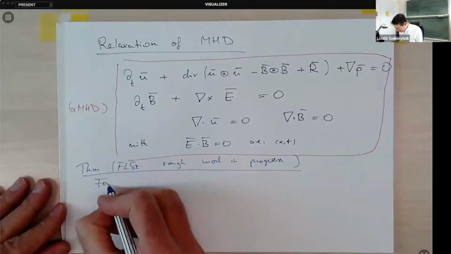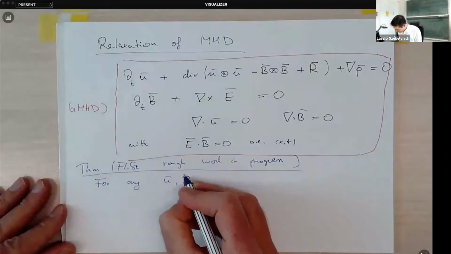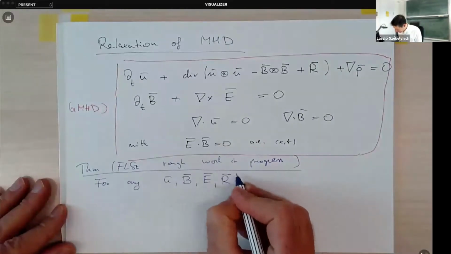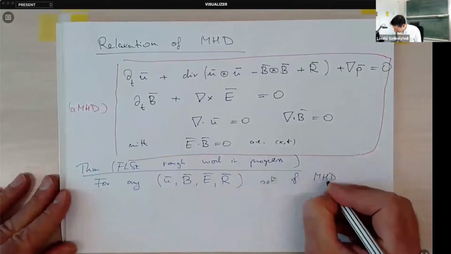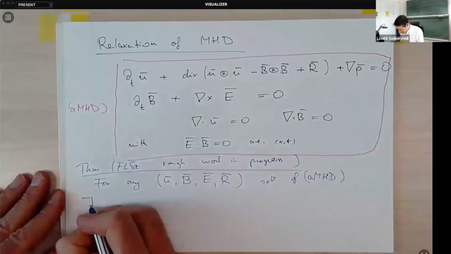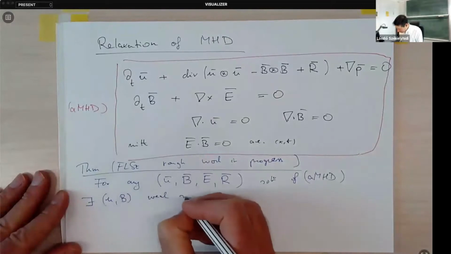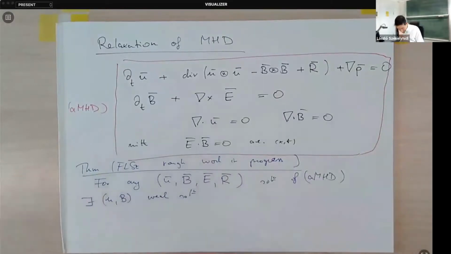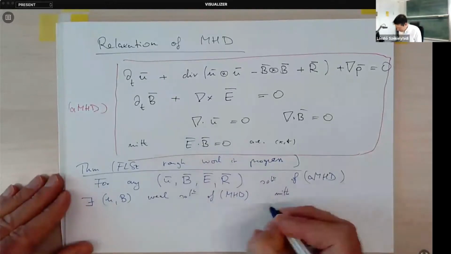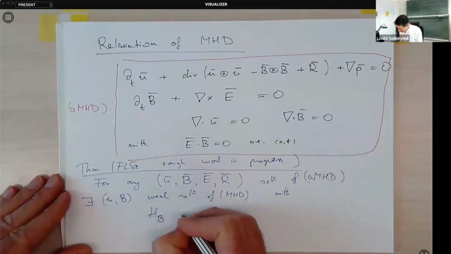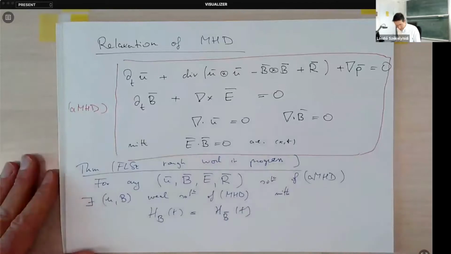So for any solution of averaged MHD, there exists a weak solution of MHD with H_B equal to H_B bar.